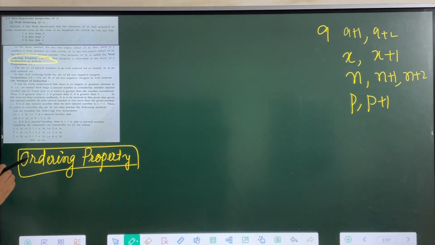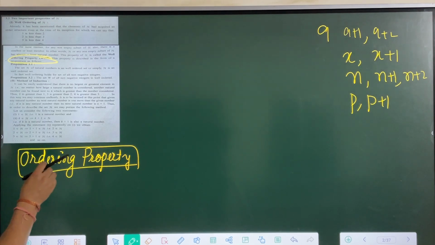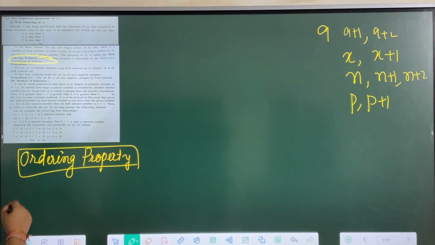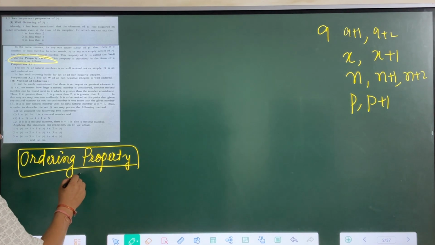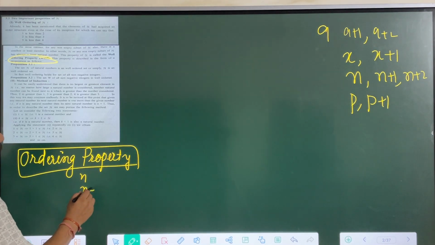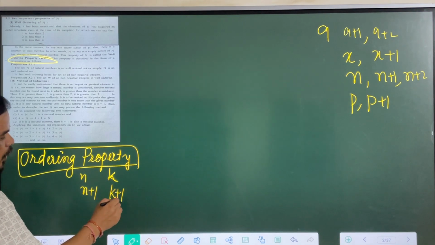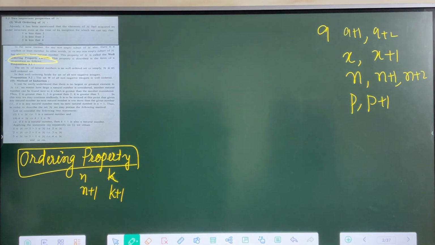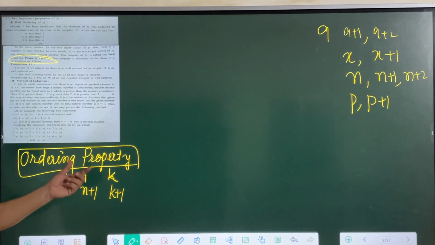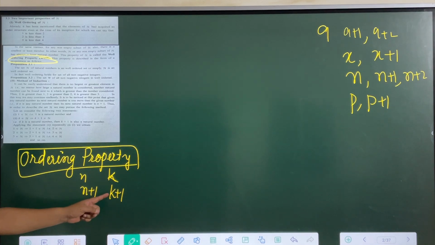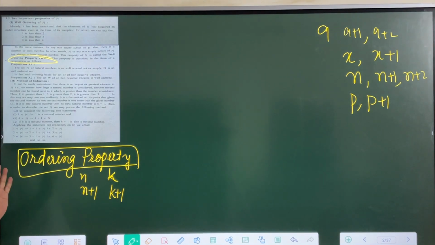We will try to solve all those with mathematical induction with the help of some terms. Suppose first one is n, second will be n plus 1; first one is k, then next will be k plus 1, this way. Here in mathematical induction, we will use the terms k and k plus 1. We will not use n and n plus 1.